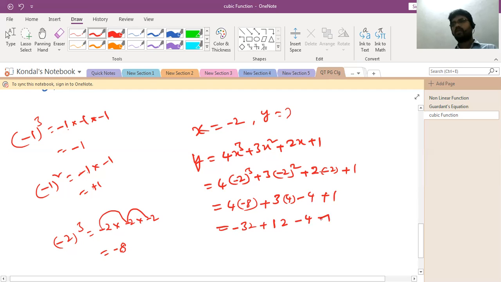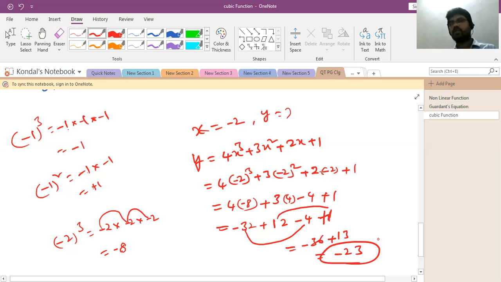Here this is the minus value, this is the minus, this is the plus, and this is the plus. So the minus values are minus 36, and the plus values are 13. So minus 23 will come, right?